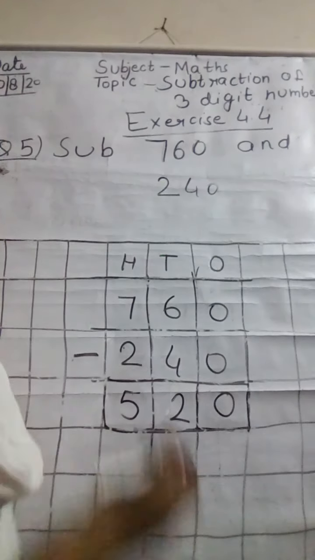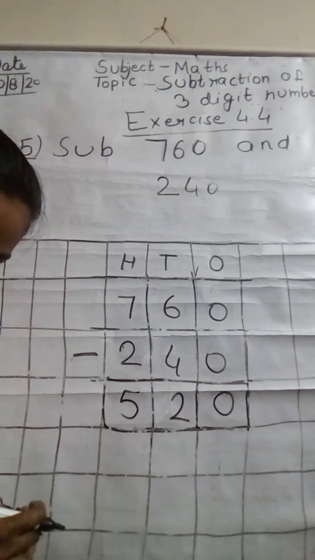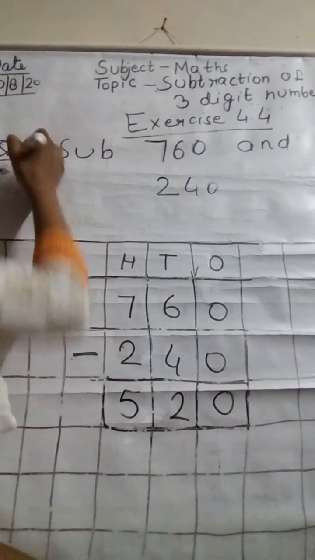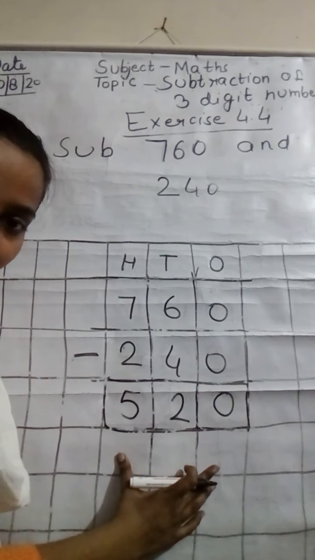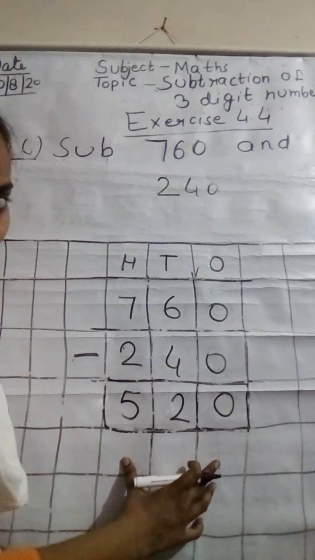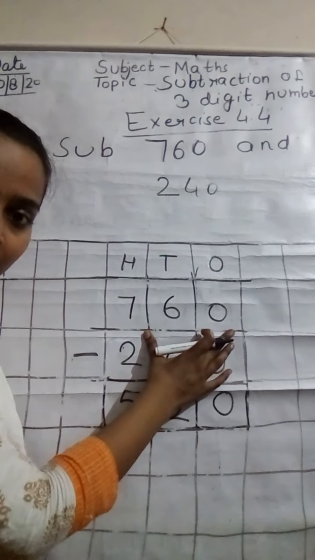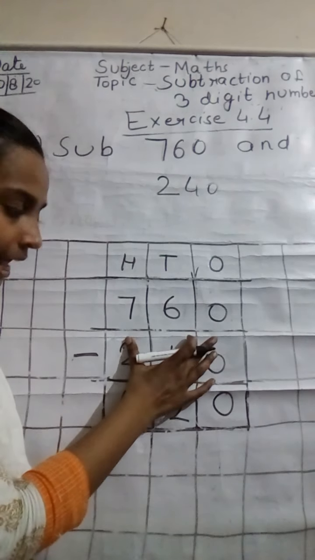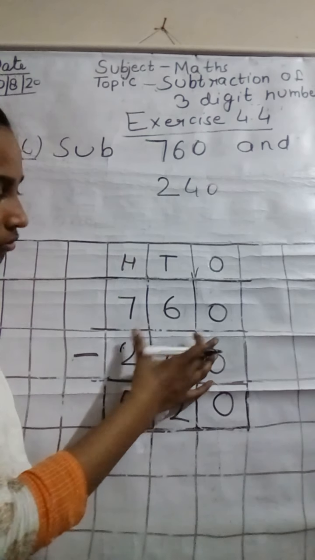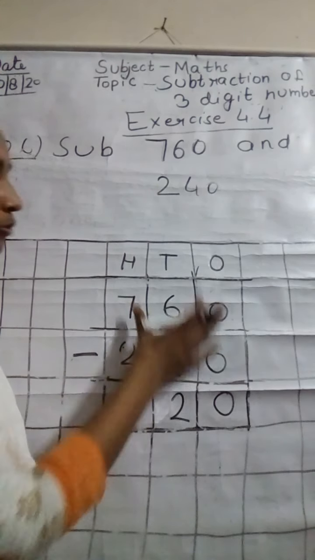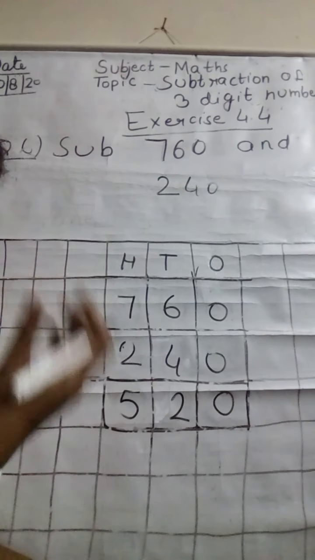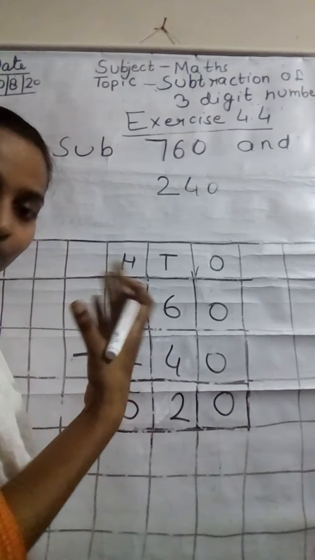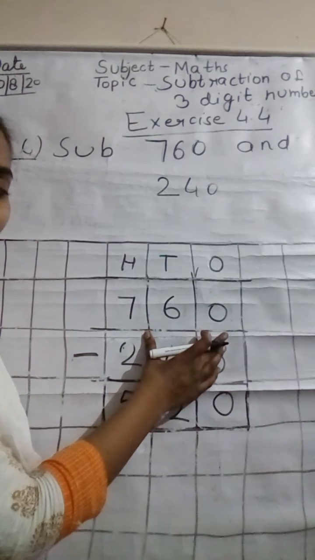Now children, the last question I am taking is the 12th question. You all have done how to write this in column way. I am not leaving the first row, because this question is not a borrowing question. Is there any need to borrow? No, there is no need to borrow. If we are doing a borrowing question, if there is a need to borrow, then we all have to leave one row.